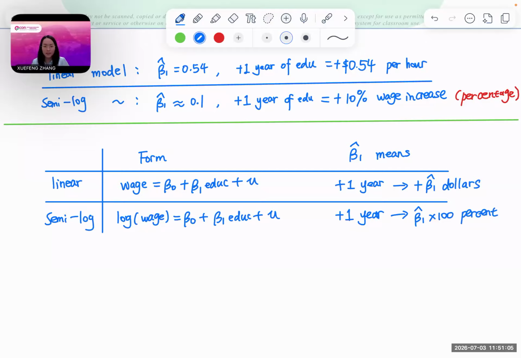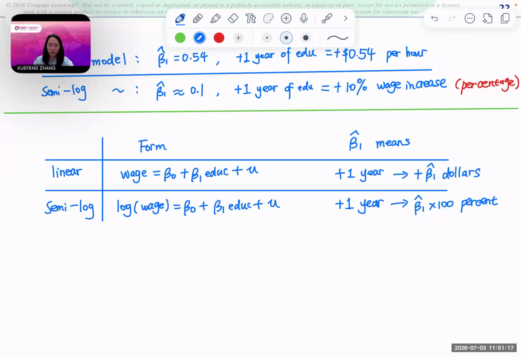The explanation is different. So when the effect of x on y is better described as a percentage change rather than a fixed amount, okay? So you use log y. So beta 1 hat now means percentage, okay, not dollars anymore. Let's continue.